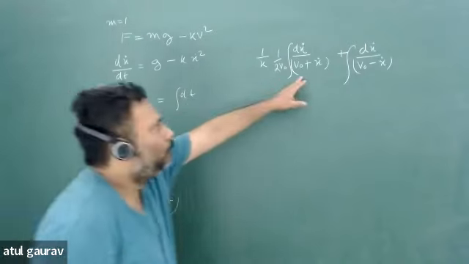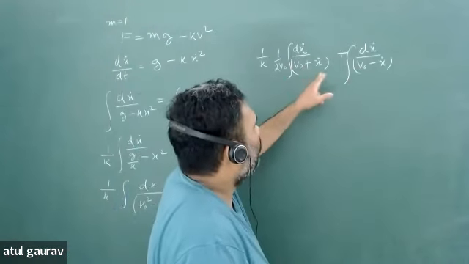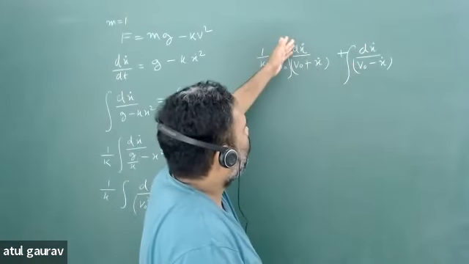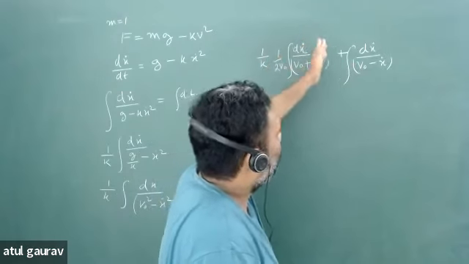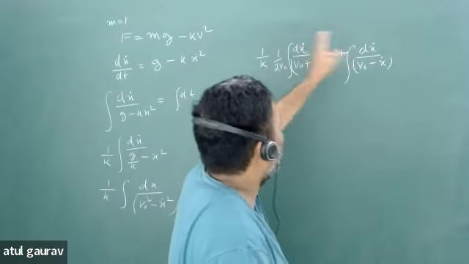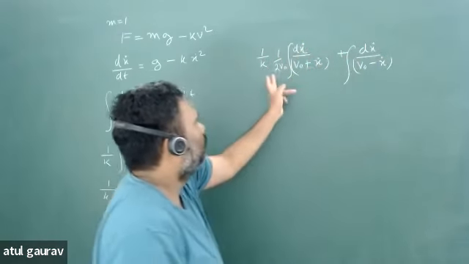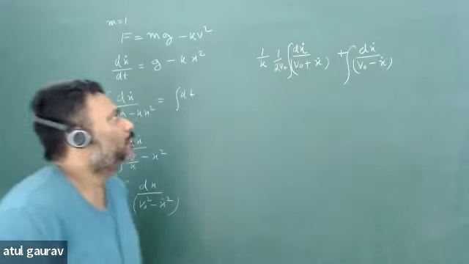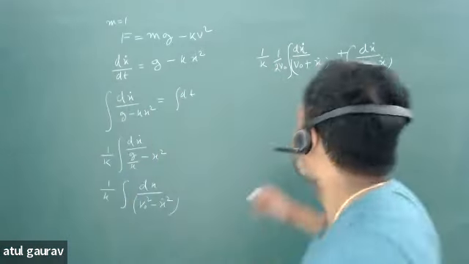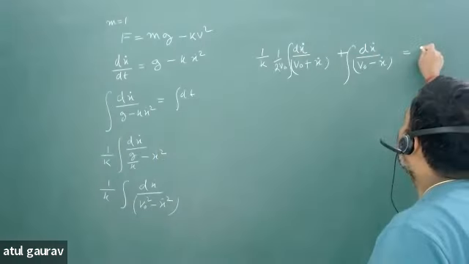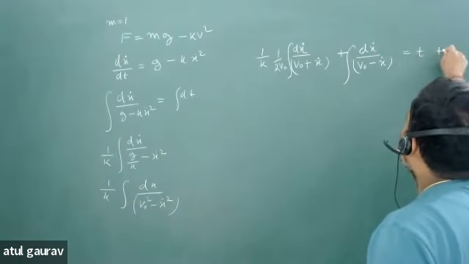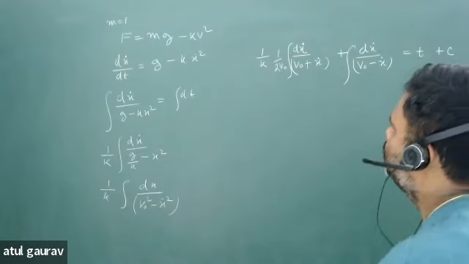So if you multiply both, v square minus x dot square comes on top, v naught plus x dot plus v naught minus x dot will cancel, 2v naught is there, so 2v naught is here, so you can easily calculate it. And this value is equal to what? t plus some constant, let's say c.